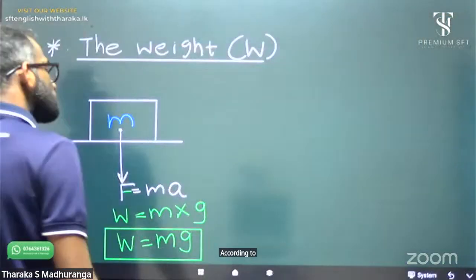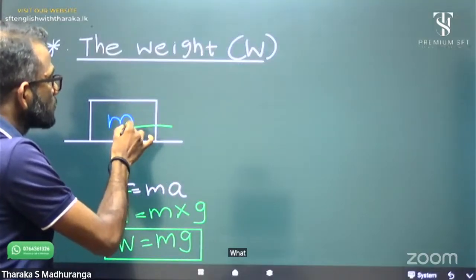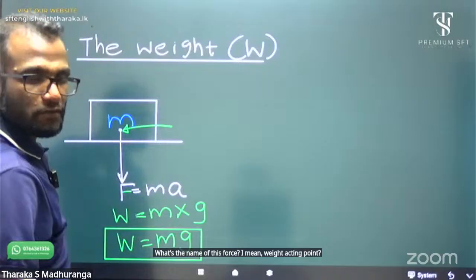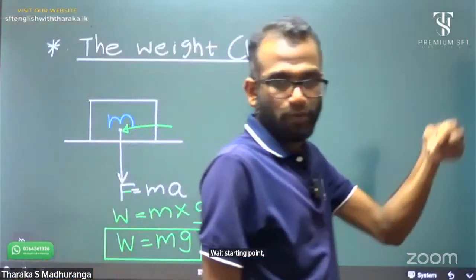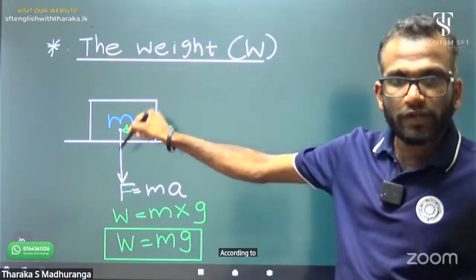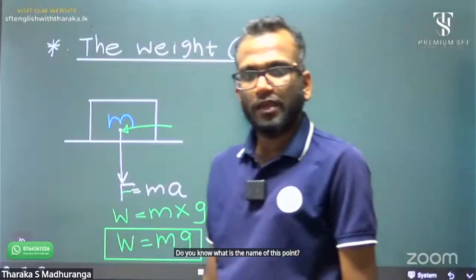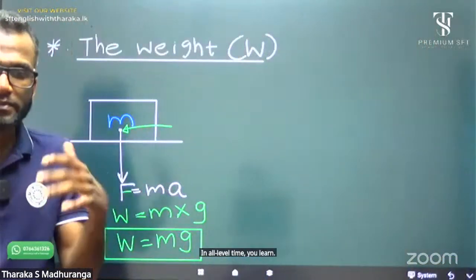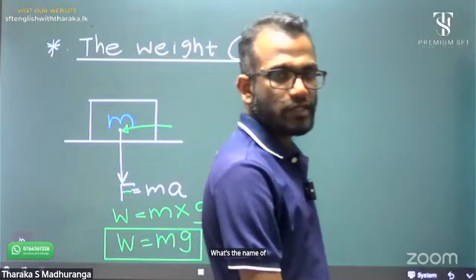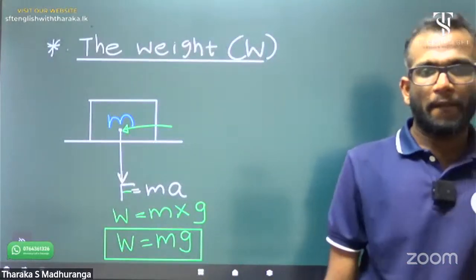Do you know the name of this force, the weight acting point? This arrow is a force acting point. According to this one, it's the weight acting point. Do you know what the name of this point is? In O-level time, you learned. What's the name of this point? Anyone?